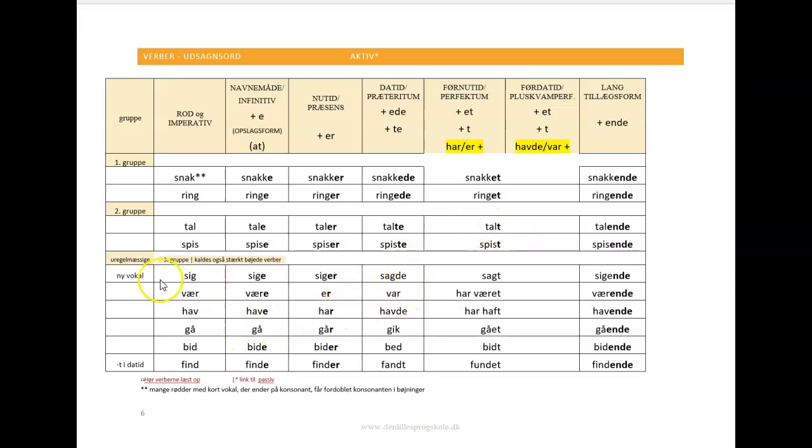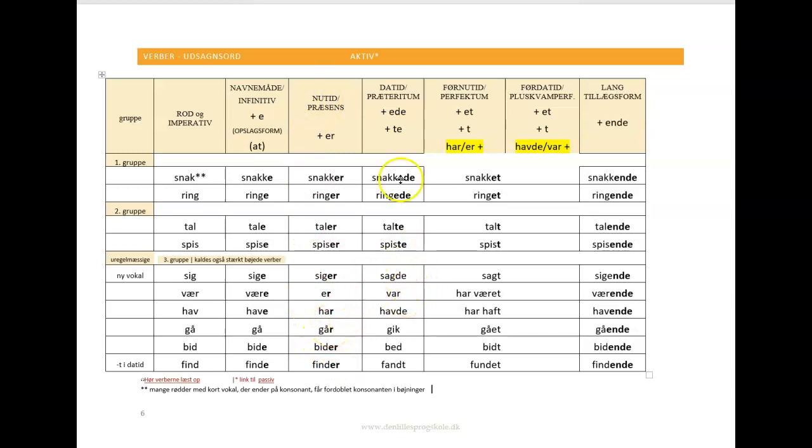The third group is the group, as I said, of the irregular ones, and they are very, very irregular. But one thing that is regular for almost all of them is they also have an e here in this form, and they also have er, or at least r in present tense.